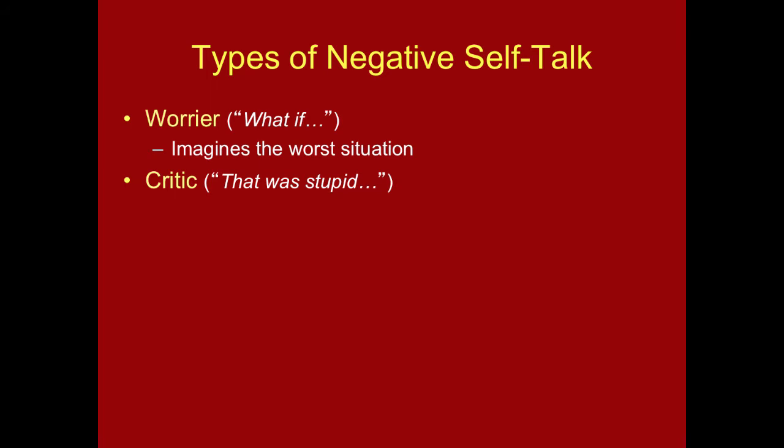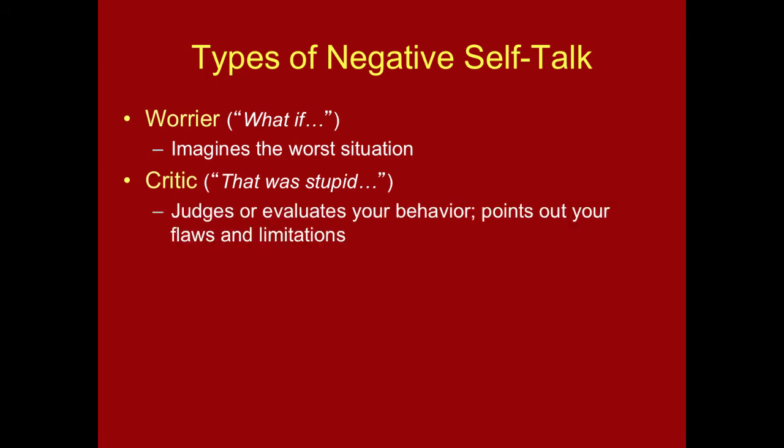The critic. The critic is often judgmental and evaluative in a negative way of our own behavior. The critic tends to magnify or filter our flaws and limitations and use phrases like, that was stupid. The victim. This type of self-talk usually results in feelings of helplessness and hopelessness.